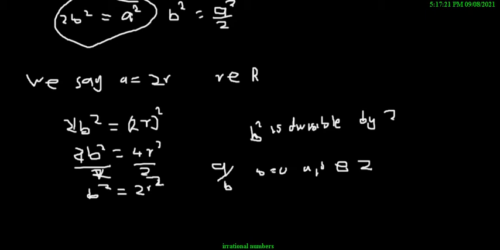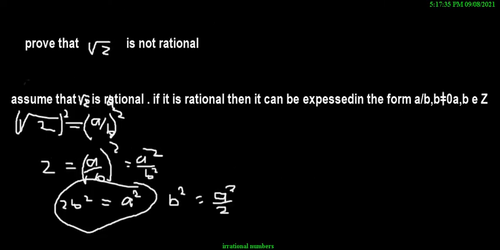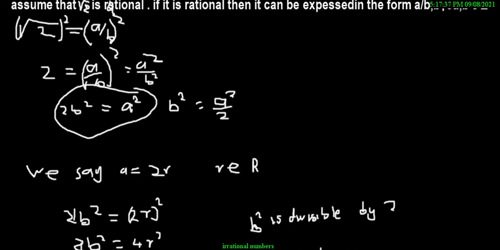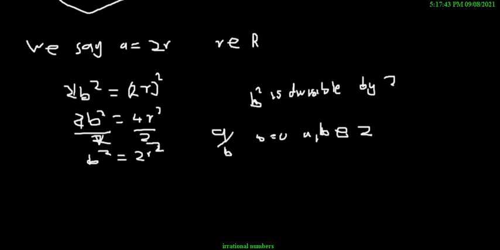Those are the properties of rational numbers. So what we've noticed here is that a is divisible by 2, and b is also divisible by 2. Hence, a and b have a common factor 2.